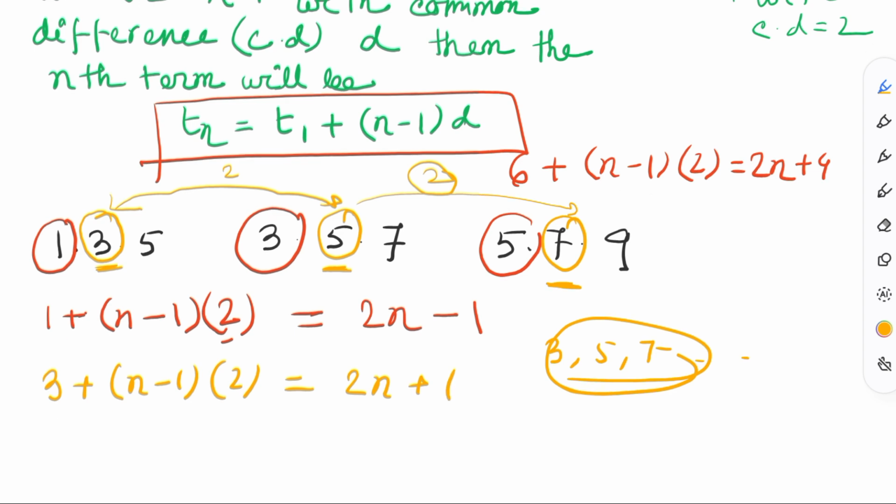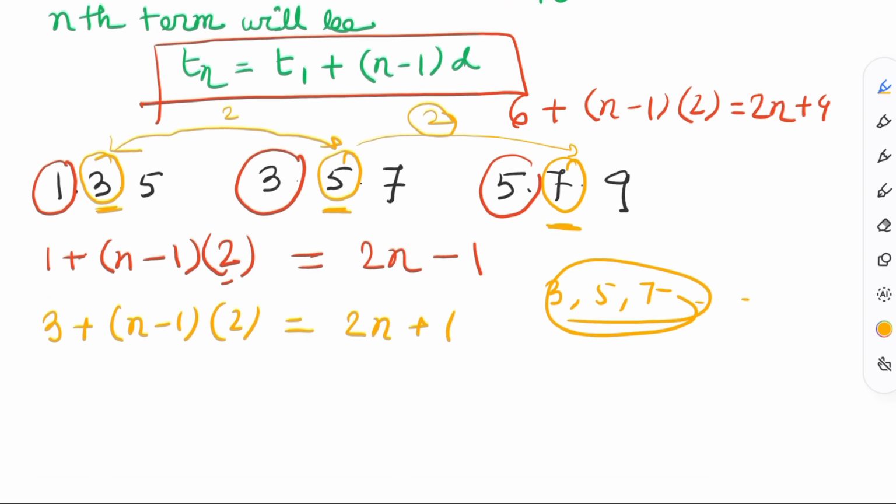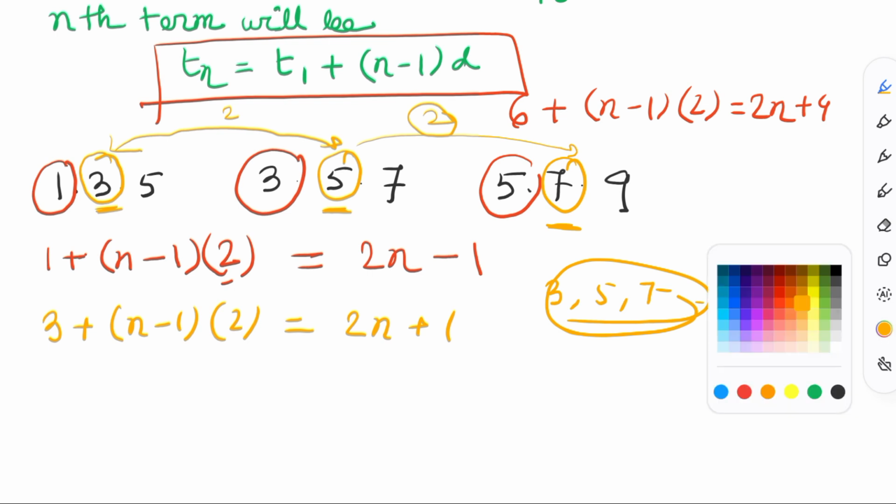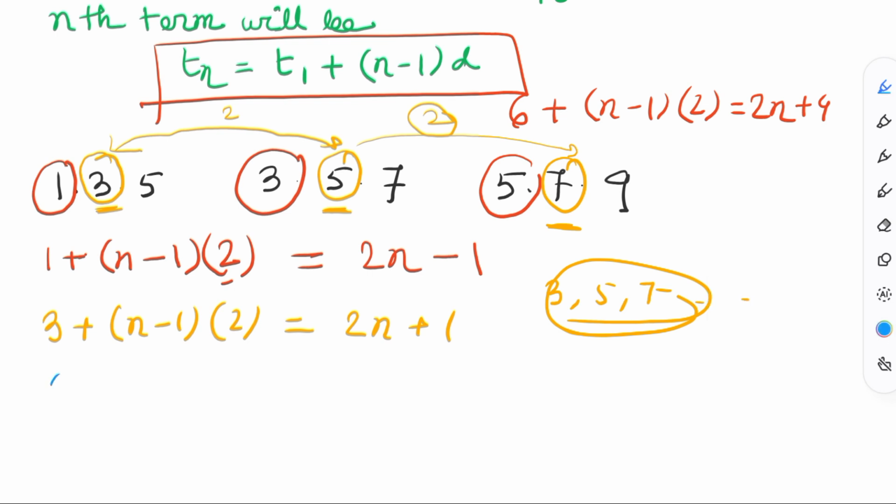Now we have to write the third factor, and the third factor will be 5 plus n minus 1 into 2. See, the third factors are 5, 7, 9. Each are in arithmetic progression with the common difference 2. You can easily see the difference between 5 and 7 is 2. The difference between 7 and 9 is 2. So what will be the third factor? 2n plus 3.